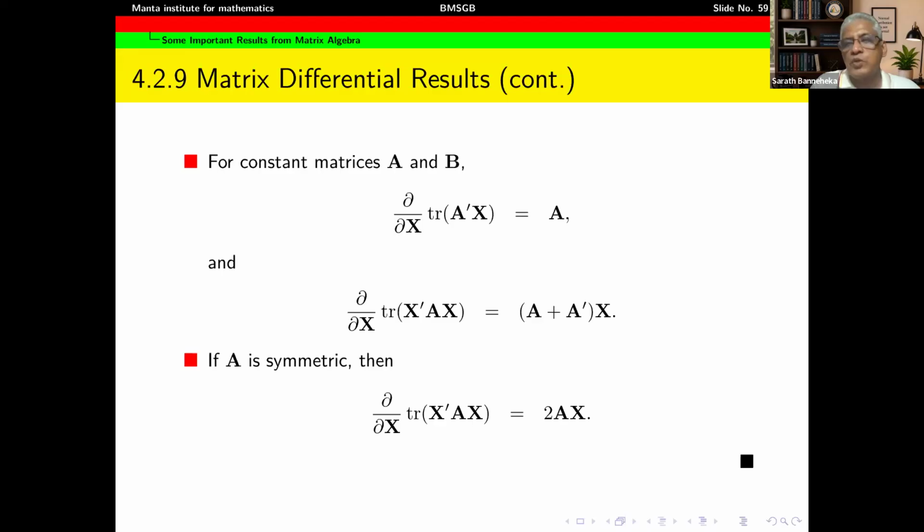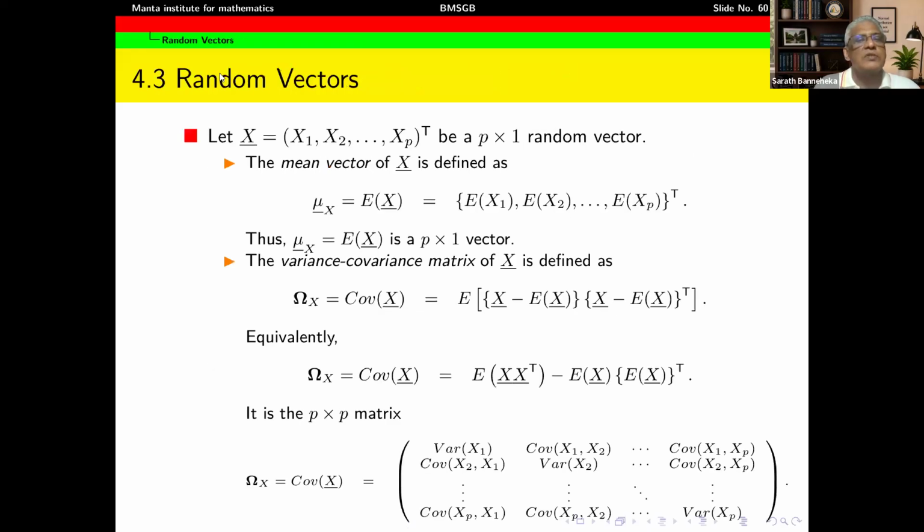Some of these results will be useful for our particular course for the multivariate normal distribution as well. So that is the end of this video. In the next video, we will discuss some random vectors. And from there on, we will go to the multivariate normal distribution and then the chi-square distribution, t distribution, and F distribution.